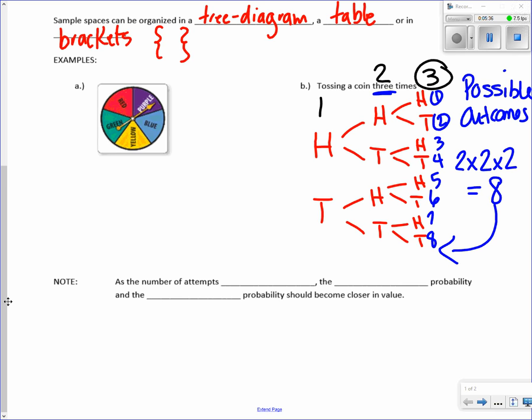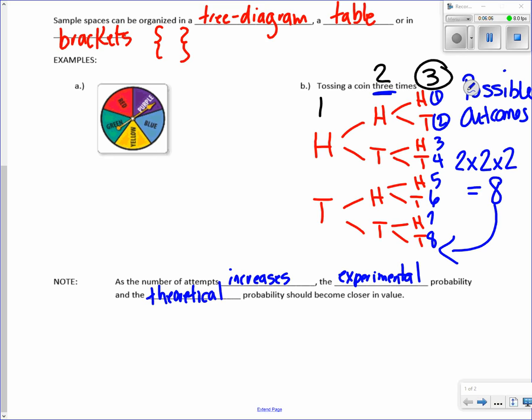Okay, so as the number of attempts increases, the experimental and theoretical probabilities should become closer in value.